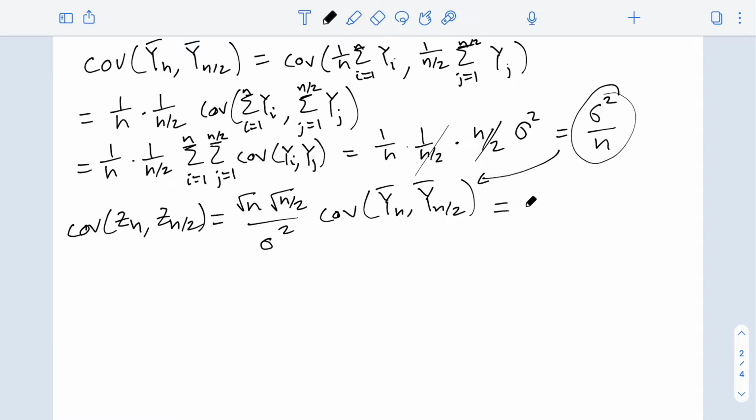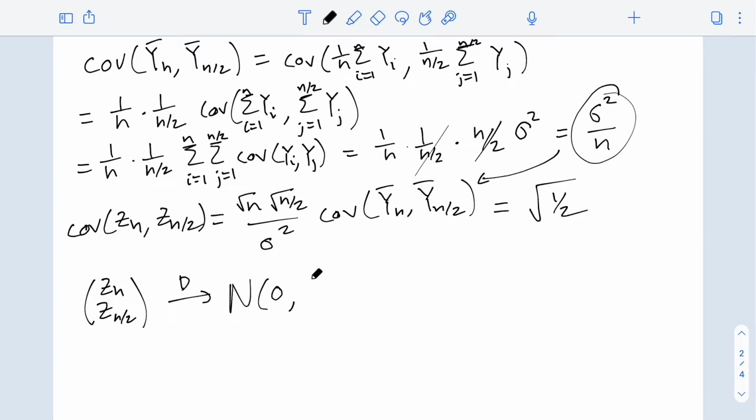We get that this is actually just the square root of 1/2. So what does that tell us? That tells us that Zn over 2 converges in distribution to a normal with mean 0 and covariance matrix that looks like 1, square root 1/2, square root 1/2, 1. So this is now the asymptotic joint distribution of our test statistics.